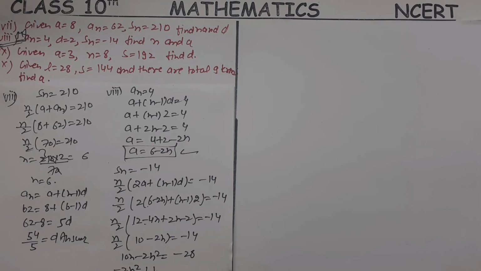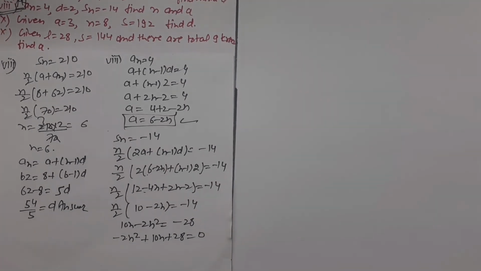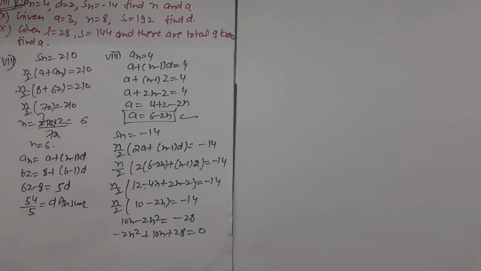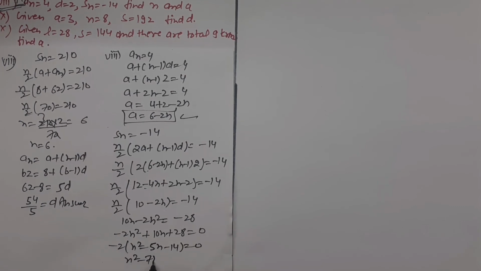Now arrange in standard form. Make the right hand side 0 also. Take 2 common. Minus 2, n squared minus 5n minus 14 equals 0. Now factor: minus 7n plus 2n minus 14 equals 0.